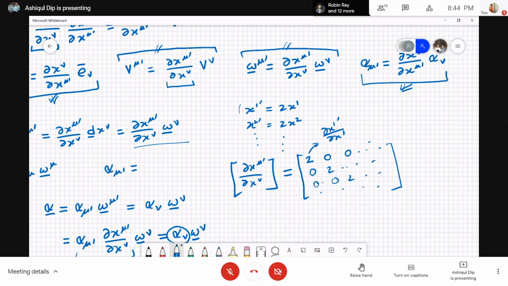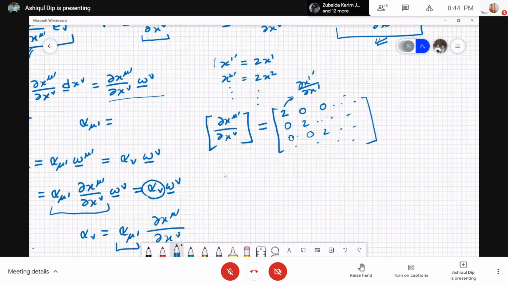If you construct a matrix with the derivatives, it's called the Jacobian matrix. So that's what we have written. And that's obviously, as Shubho said, basically twice the identity matrix, right?